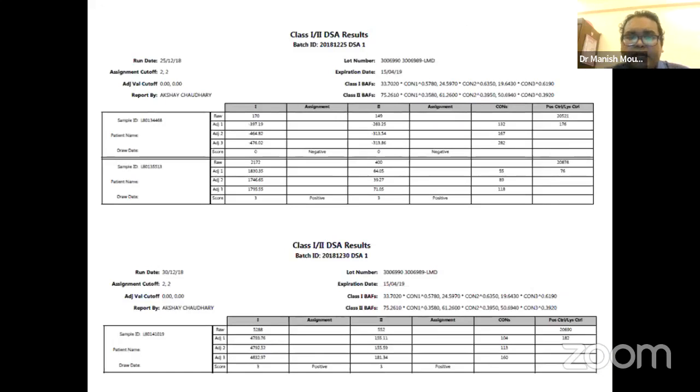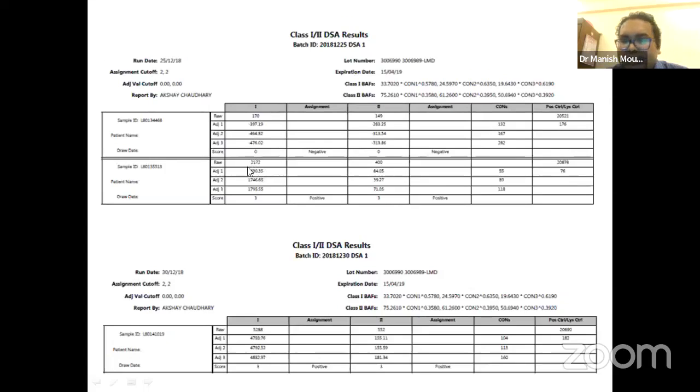This is how we are interpreting the DSA report. DSA class 1 and class 2. The raw MFI value for class 1 is 170 and for class 2 is 149. Lysate control is this, positive and negative lysate control. So this result is negative. In this second one, the raw MFI value is more than 2000.